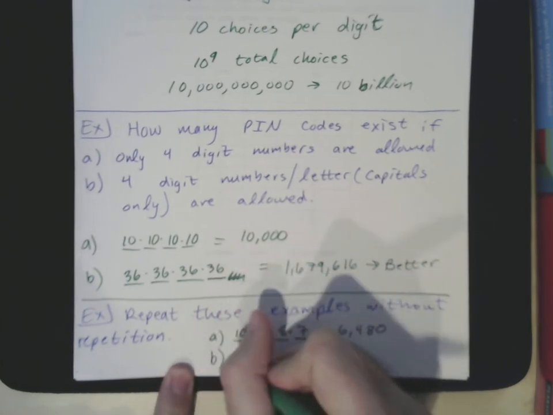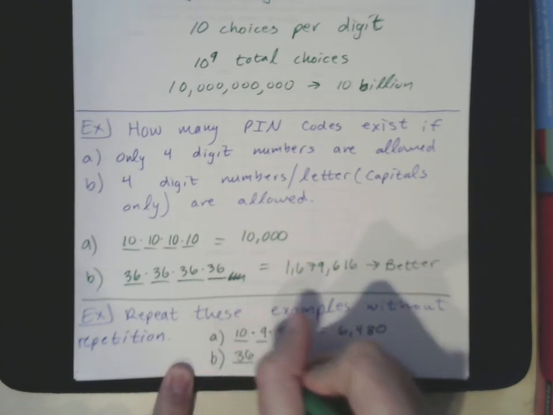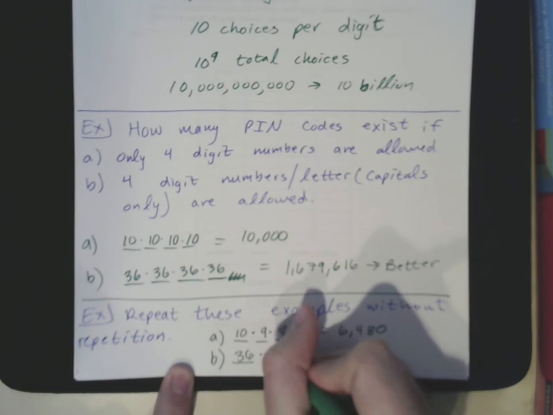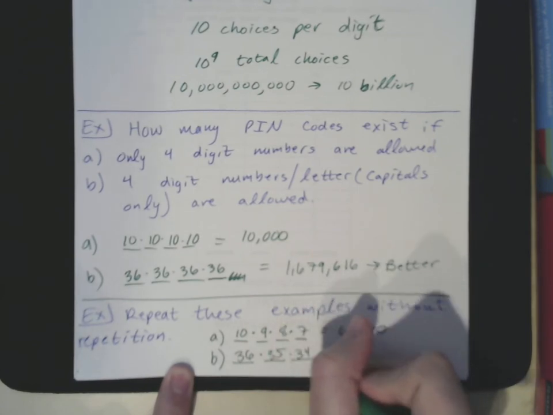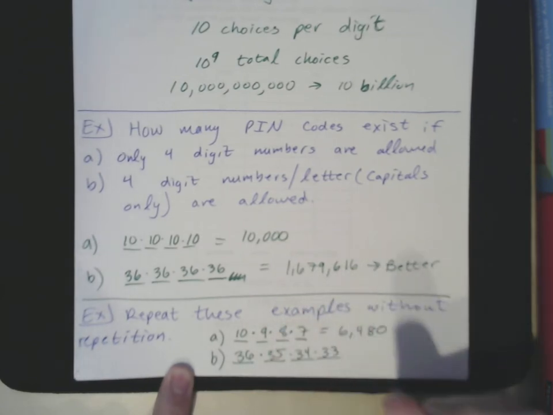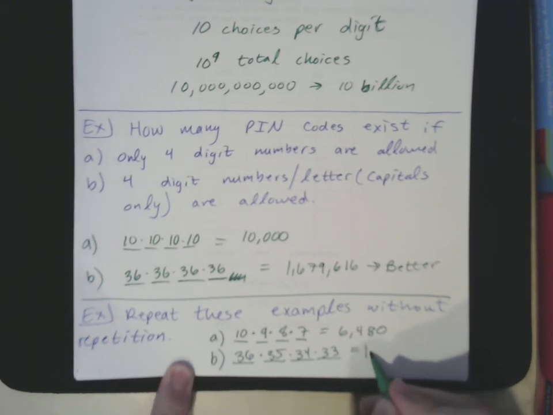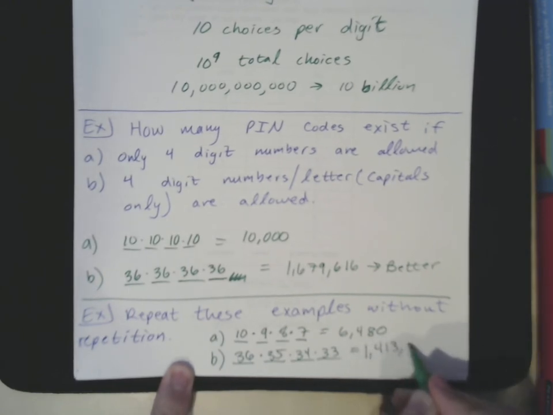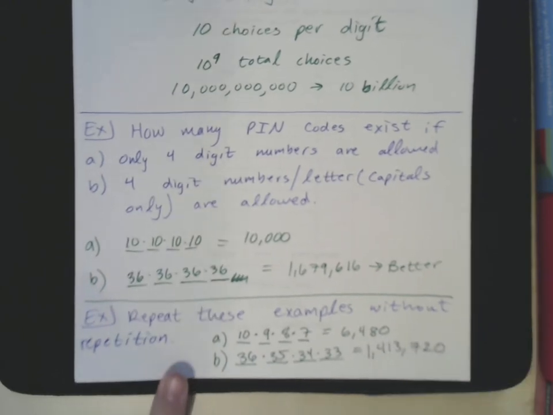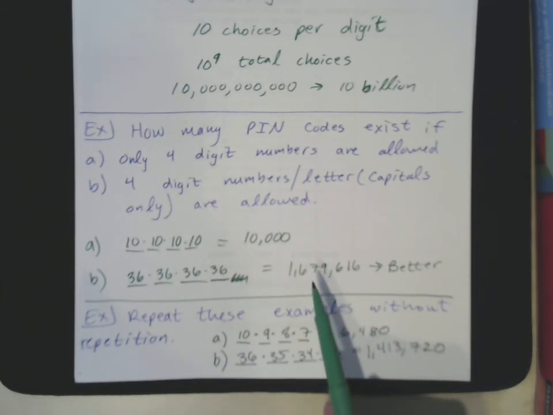And for part B, we do have 36 choices, but then we only have 35, and then 34, and then 33. And so there's 1,413,720, which still looks like a lot, but remember that's over 250,000 combinations that we've just eliminated by this one little requirement.